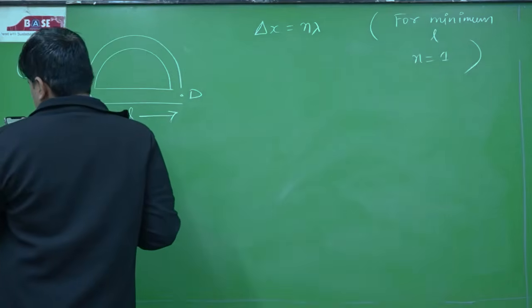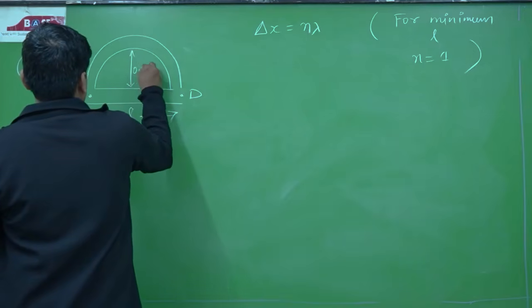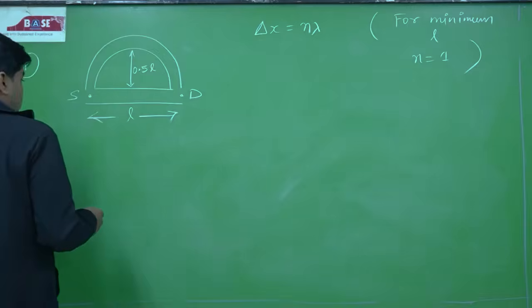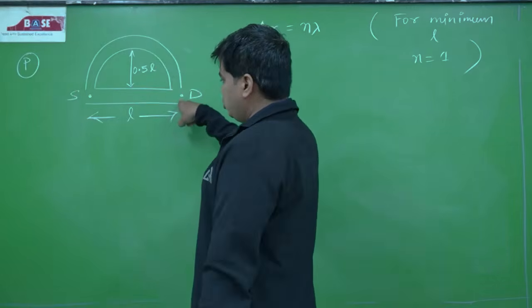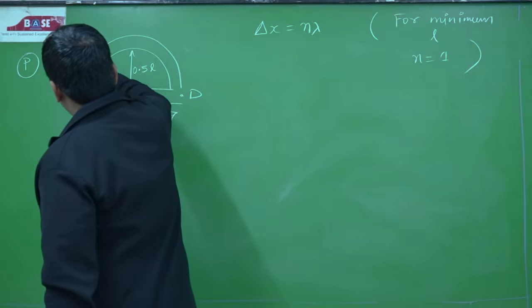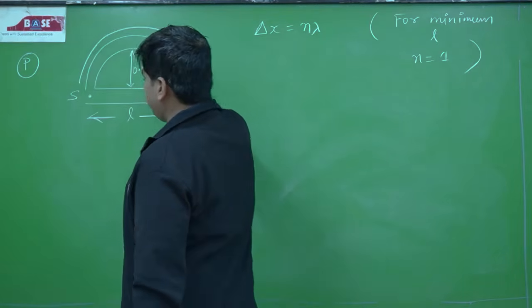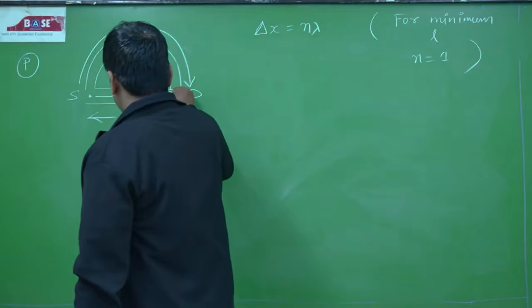Okay, so I'll write the other given values as well. This is equal to 0.5L. Now, I have to find out first of all the path difference at point D. So, path difference technically is what? The path taken by wave from here to here minus the path taken by wave to travel from here to here.